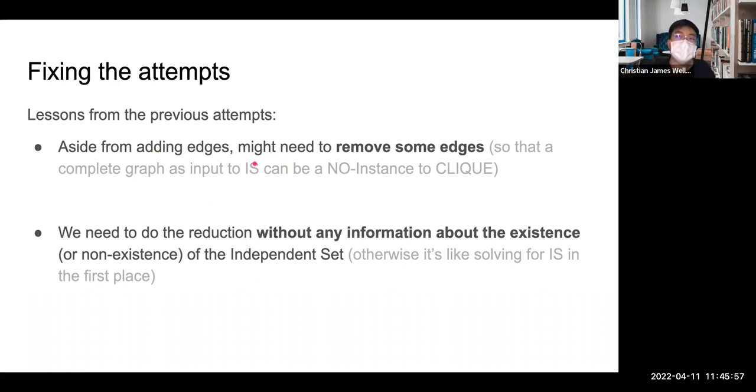If you add too much, we want to remove some so that a no instance stays a no instance. We also need to do the reduction without any information about the existence of the independent set. You don't solve for independent set. Just do the reduction without knowing whether there's an independent set or not.